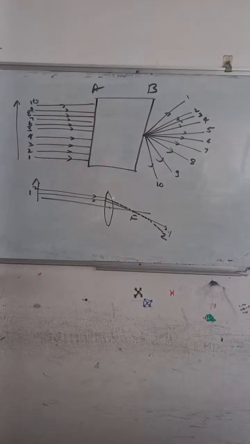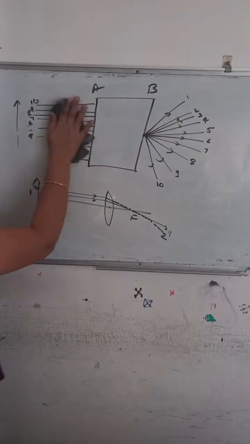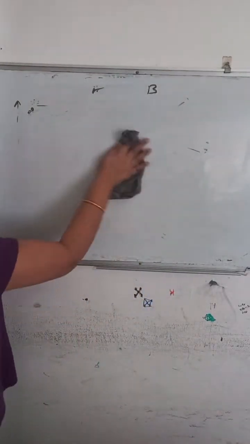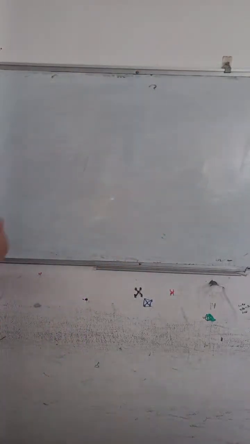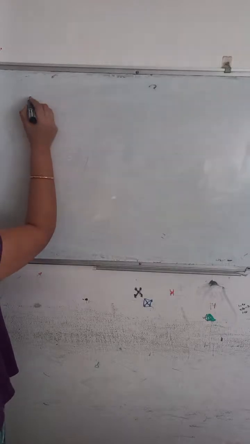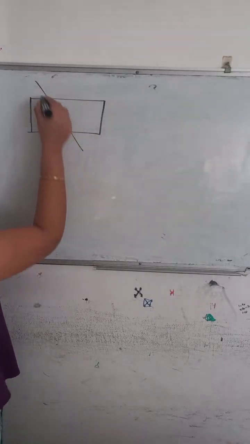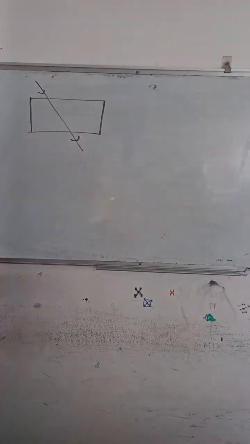Okay, so here four diagrams are given as A, B, C, D. That means four rectangular slabs are given. This is the first slab, and the ray of light simply travels like this.